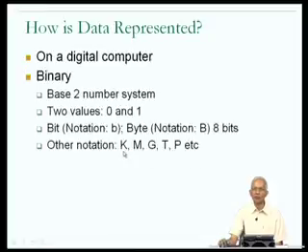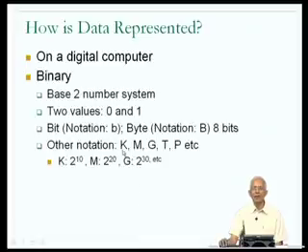These are all just short forms to ease the description of huge collections of bits. For example, uppercase K just stands for 2 to the power 10 in most situations. Therefore, if I use the notation KB, I'm actually referring to 2 to the power of 10 bytes.